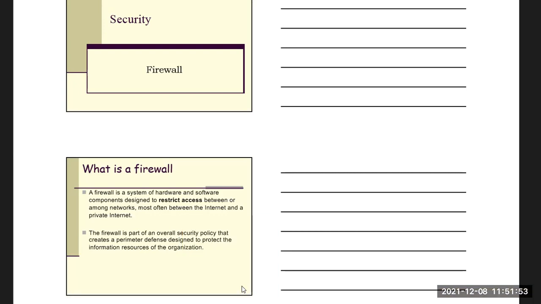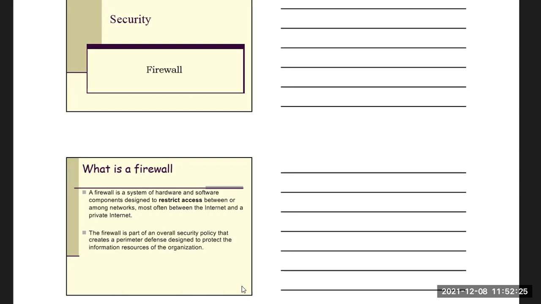Now why is a firewall used? It is used to restrict access between networks, most often between the public and private network. A firewall is part of overall security. It is related to security policy and creates the perimeter defense designed to protect the information resources of the organization.